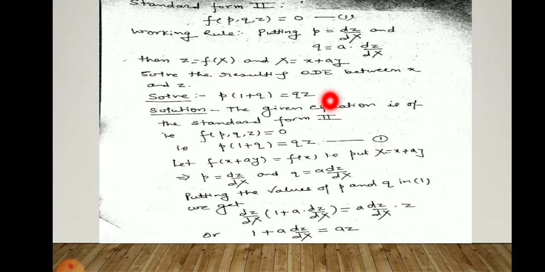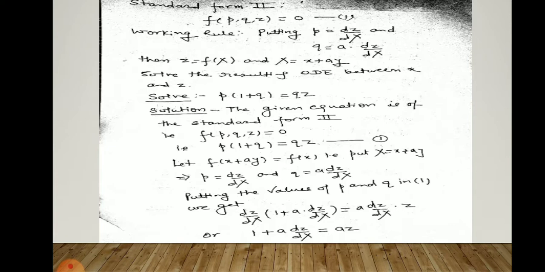It is clear that in this given problem, the equation involves only p, q and z, therefore it is an equation of the form f of p, q, z equal to 0. So here p(1 plus q) is equal to qz.